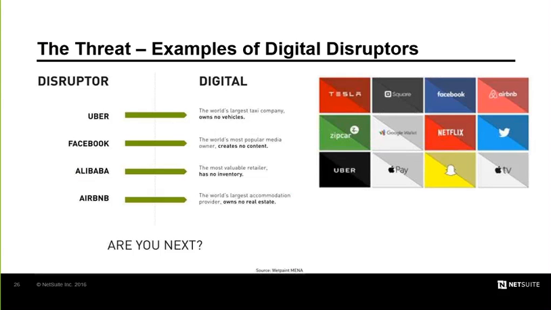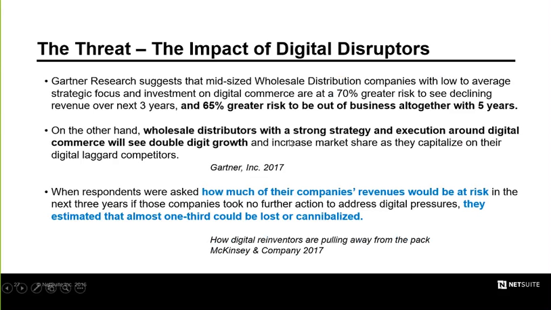Compare that to United Airlines, which has a $52 billion market cap, and all the assets that they own, the licenses that they have, the lucrative licensing on routes and other opportunities that a company like United Airlines has, and that is amazing, the difference that you see there. So there are threats in all markets of digital disruptors, and how can you either be a digital disruptor or not get disrupted in your market?